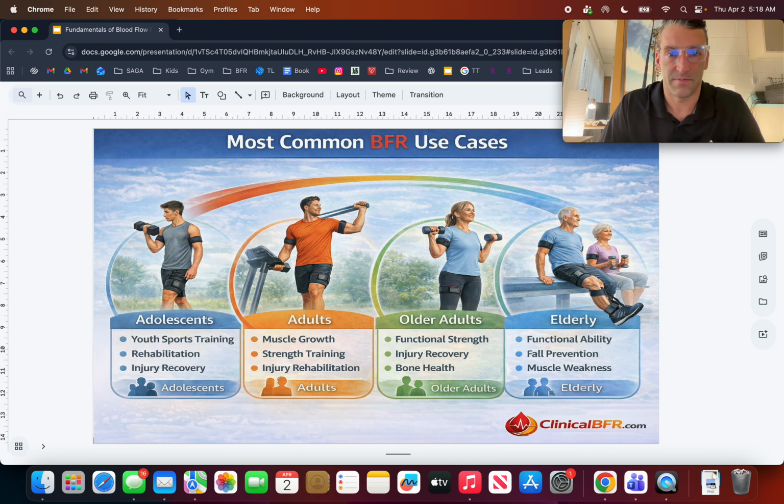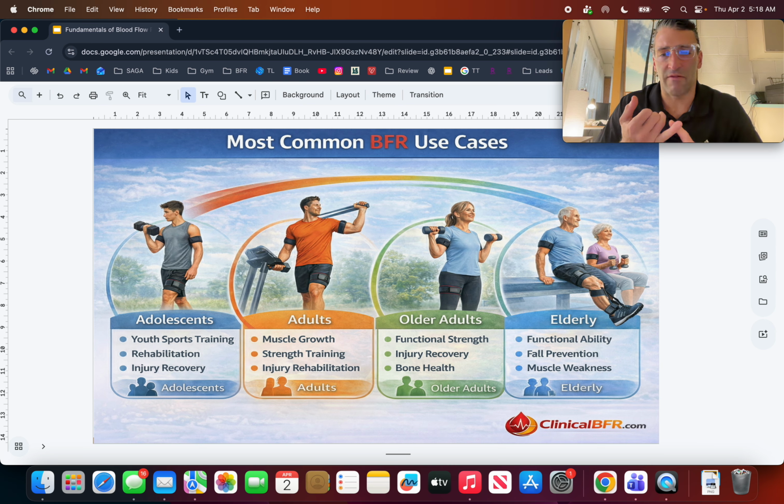Common use cases: adolescents to elderly. Peer-reviewed literature supports BFR. Now, I haven't read all of it, but I've read a lot of it. I read at least an article every day for the past 2+ years. I've seen articles that have shown positive effects in adolescents as young as 10 years old, and in the elderly, into their 80s.